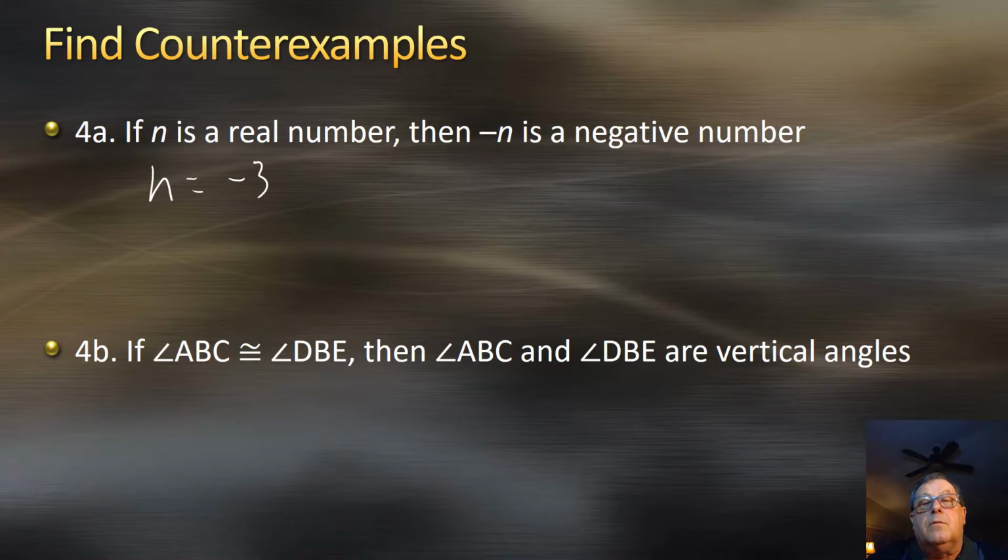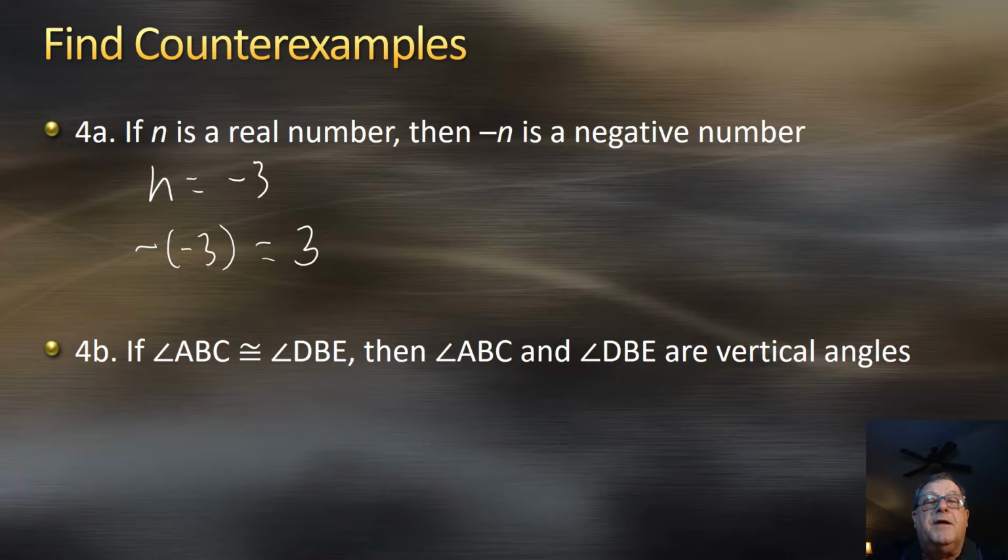Negative 3 is a real number. Then would negative n give us a negative number? Well, no, that would mean that we'd have negative negative 3. And negative negative 3 is positive 3.